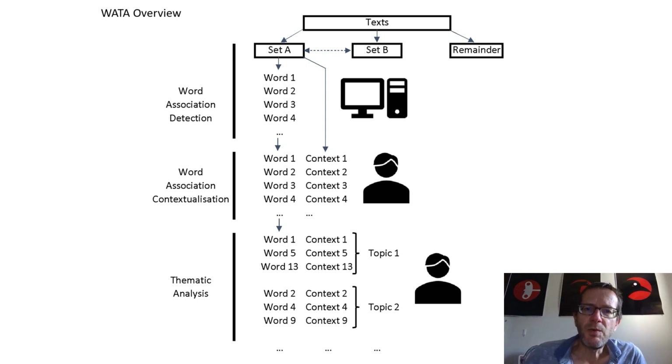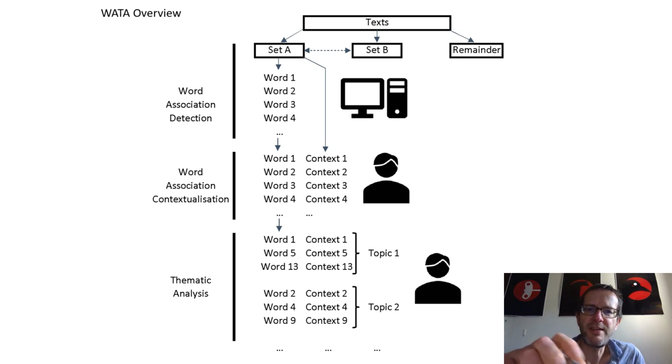Okay, so we're starting at the top. This is an overview of WATA. So we start with a set of text, and then you tell Mojday how to split it. So typically it's set A against set B, so the male against the female, for example, and ignoring the others, the non-binary or the unknown gender tweets, for example.